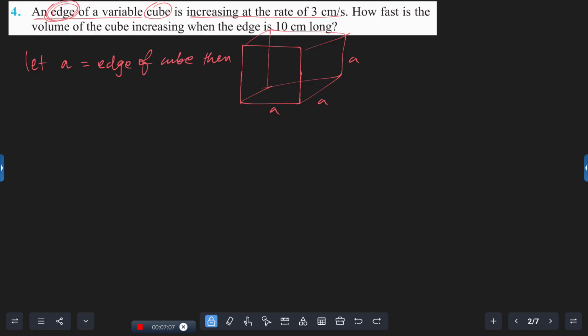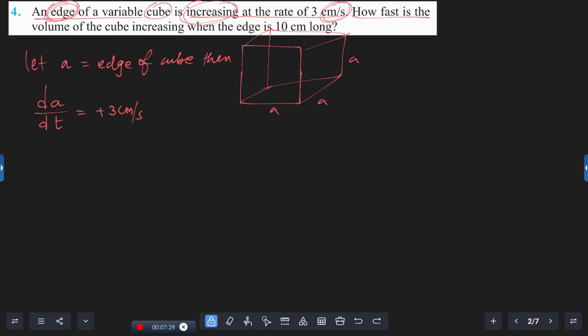As per the given condition, da divided by dt, increasing in the sense plus 3 centimeter per second, is given.